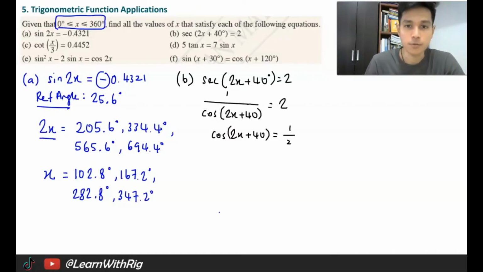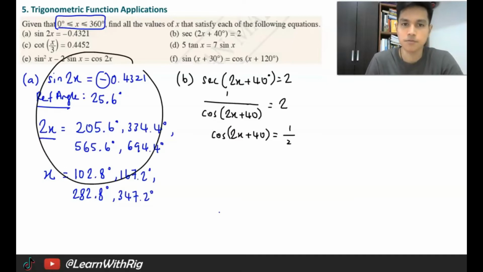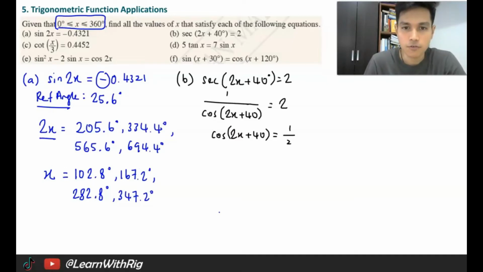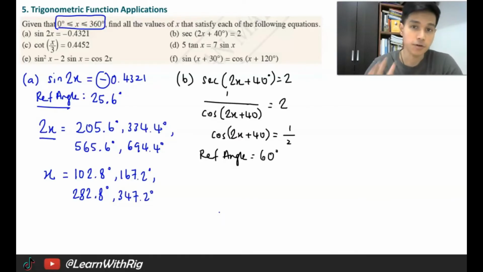Once you have reached this point, you follow the same steps as the previous question. Find your reference angle. So cos inverse 1 over 2, you should get 60 degrees.